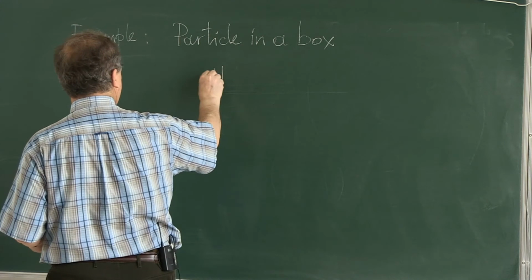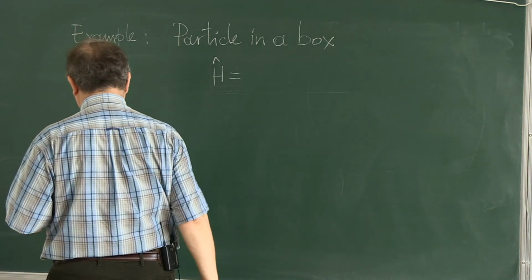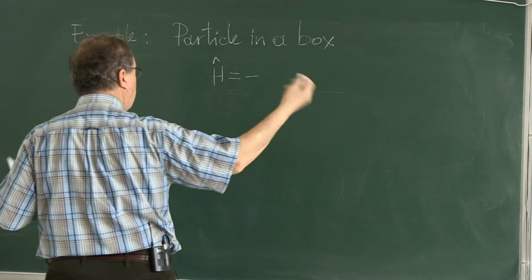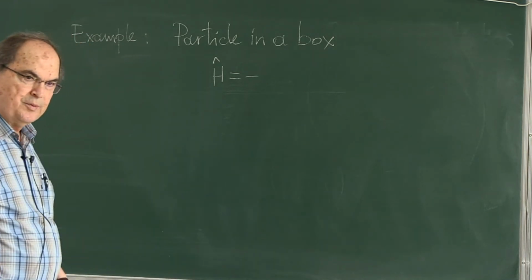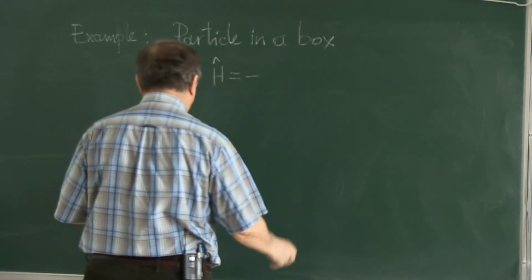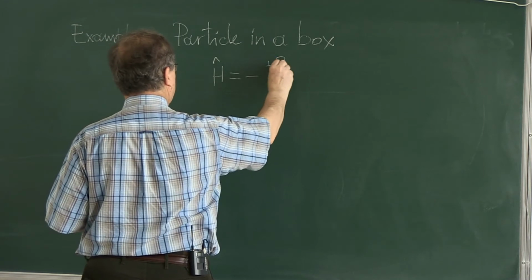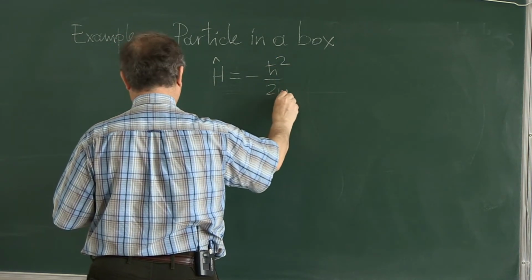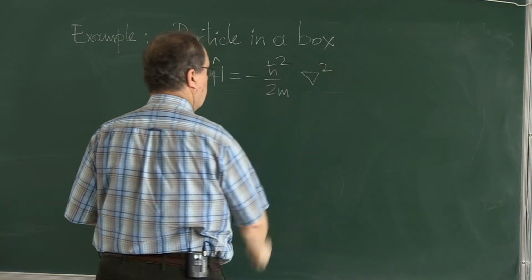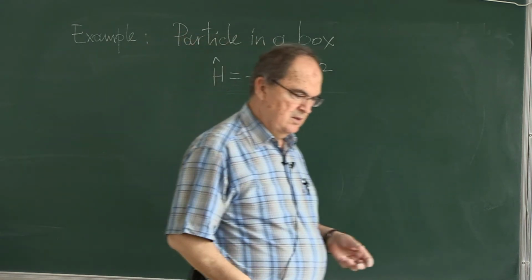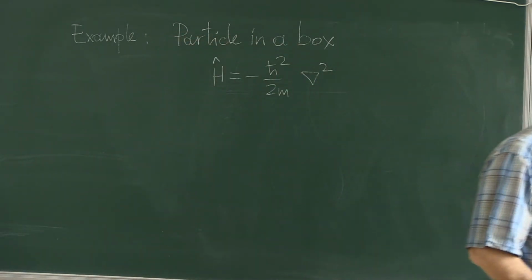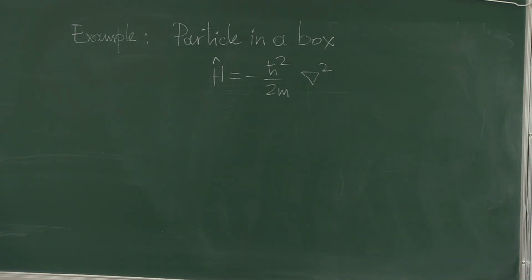The Hamiltonian is simple, P squared over 2m, with P being minus i h bar del operator. In quantum mechanics, it is minus h bar squared over 2m del squared as an operator, and that's always positive, isn't it? Kinetic energy is always positive. Although there's a negative sign there, when you take that square, you get a positive quantity.